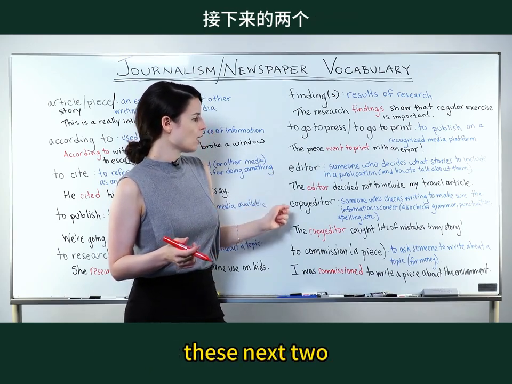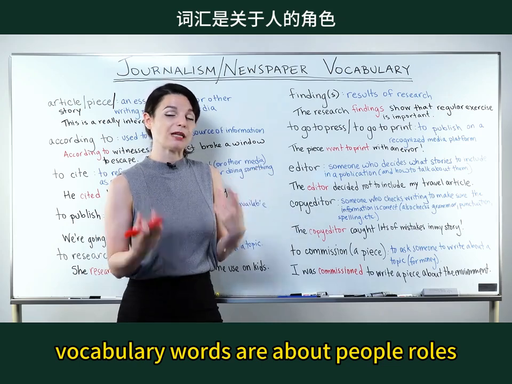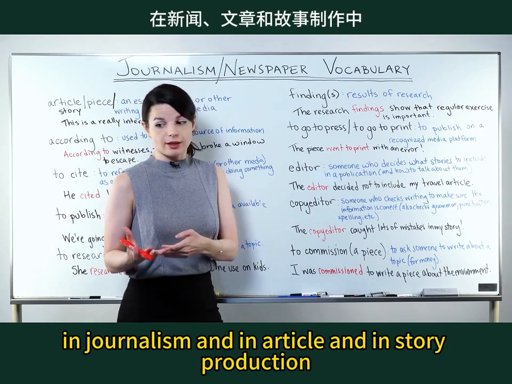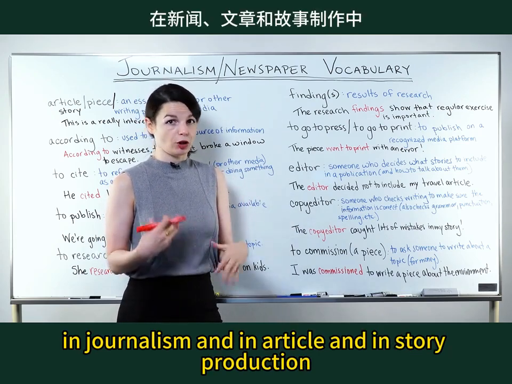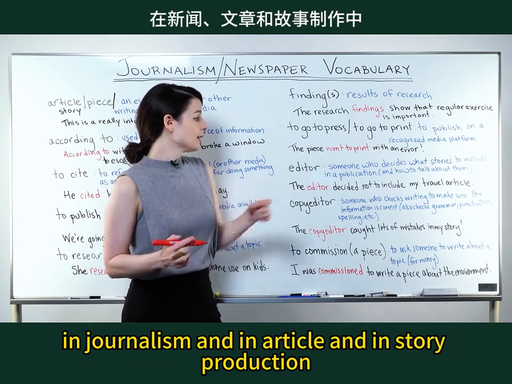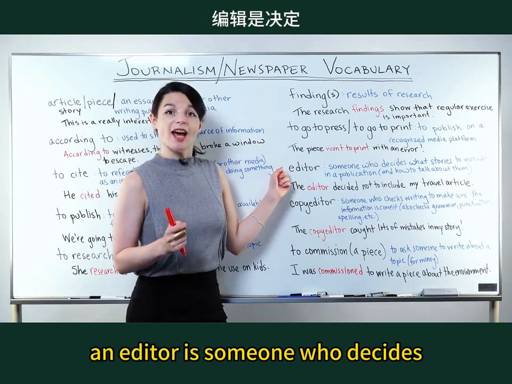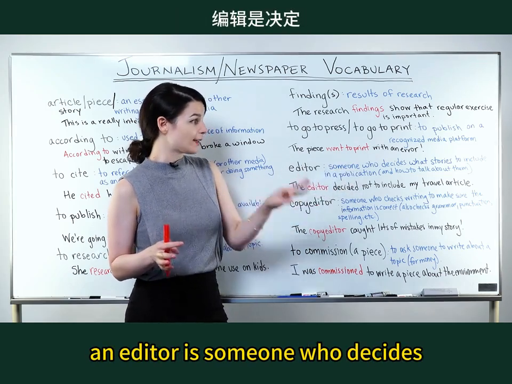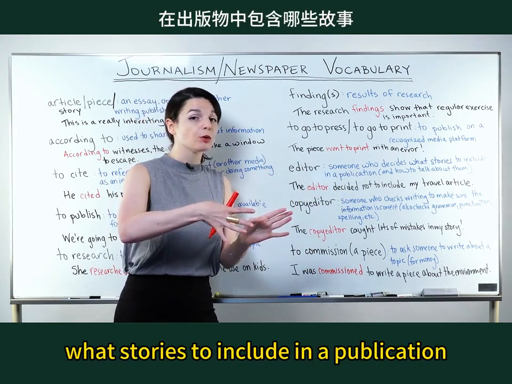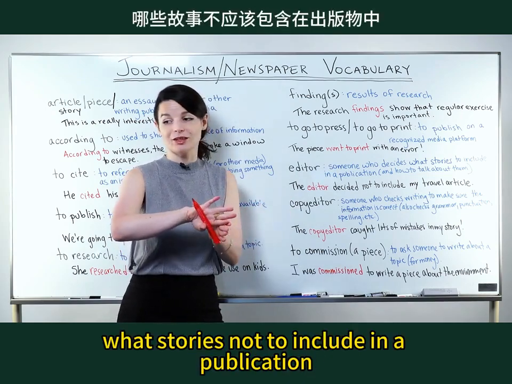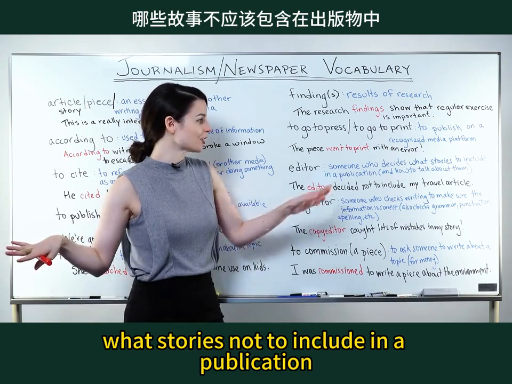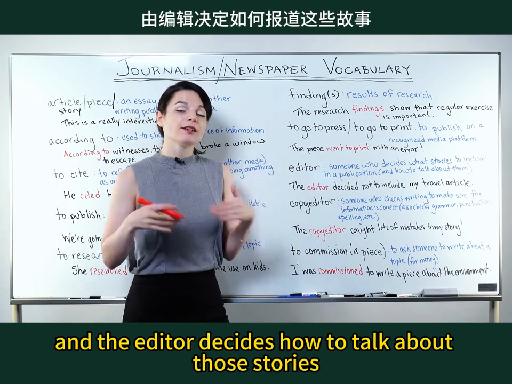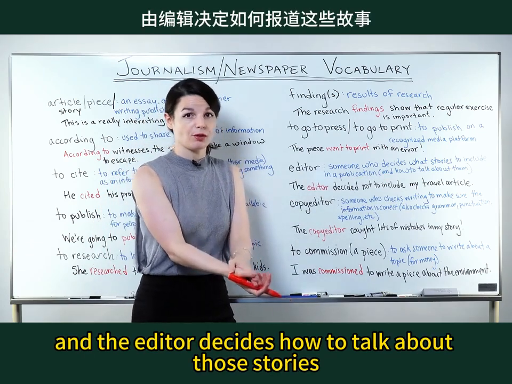These next two vocabulary words are about people, roles in journalism and in article and story production. So the first one is editor. An editor is someone who decides what stories to include in a publication and therefore what stories not to include in a publication. And the editor decides how to talk about those stories.